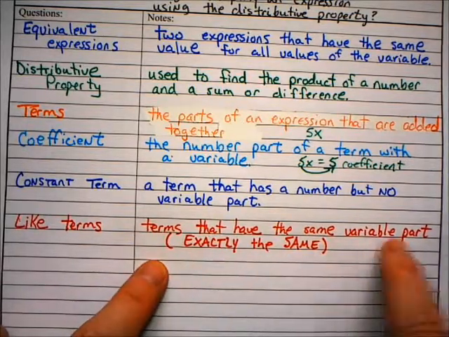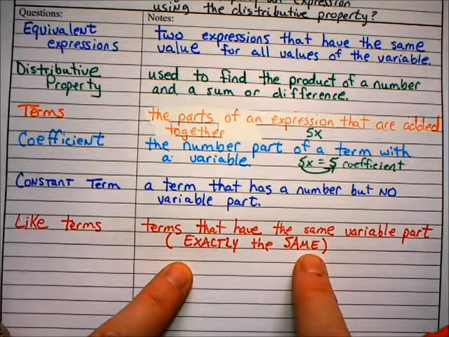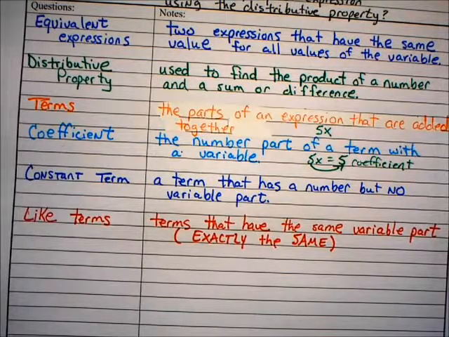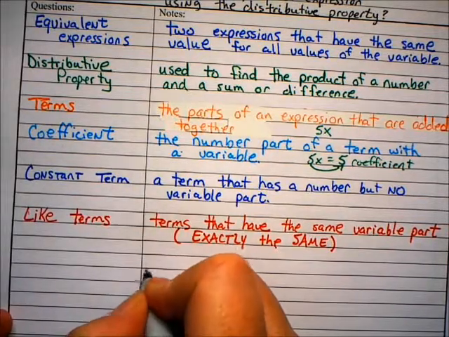And remember, these variable parts must be exactly the same. There can't be any difference in the letters for the vocabulary here. Alright, I'm going to start writing our first example. Make sure you copy down the words for the first example because it's kind of long.